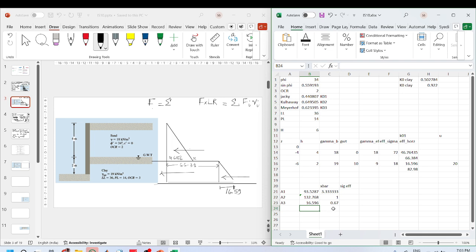So then the total force will be just the sum of these, and then this will be area into lever arm from datum, this into this.